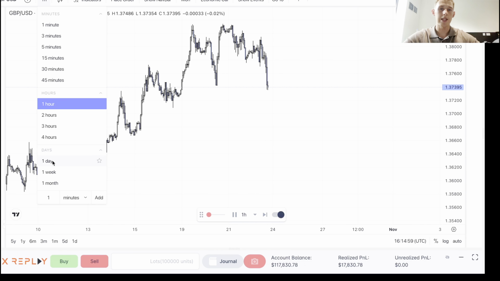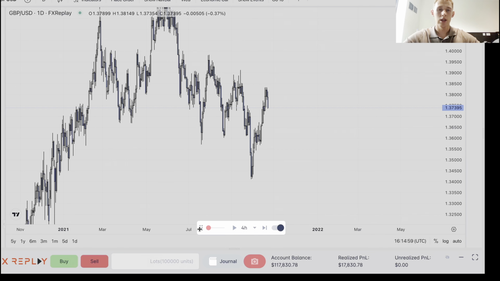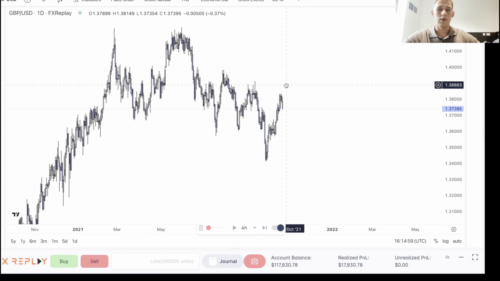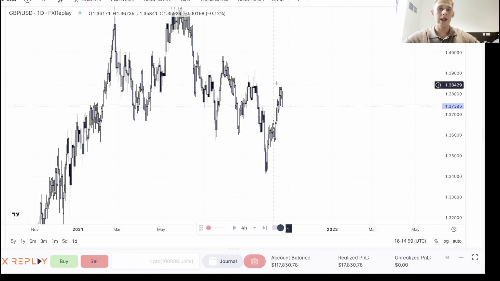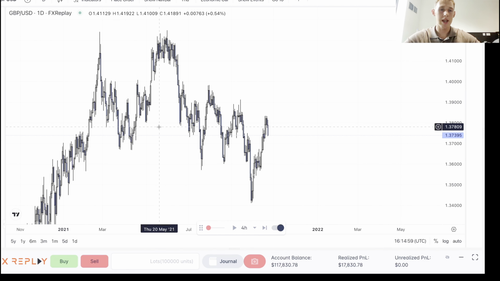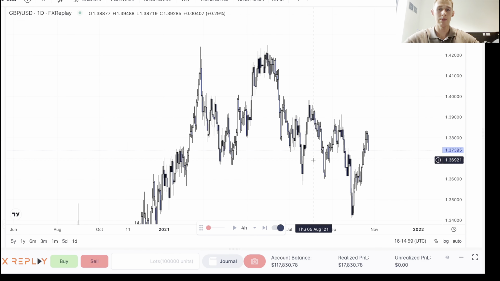Starting off on the daily time frame, just to gauge where price currently is. Okay, so very clearly at the moment we can see that price is overall bearish. Price swept this high. We then broke below this main daily structure, which confirmed the shift from this bullish trend into this bearish trend.